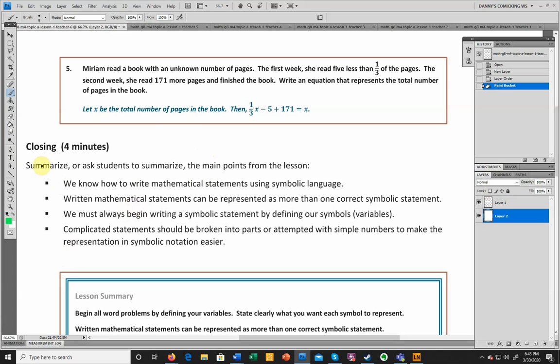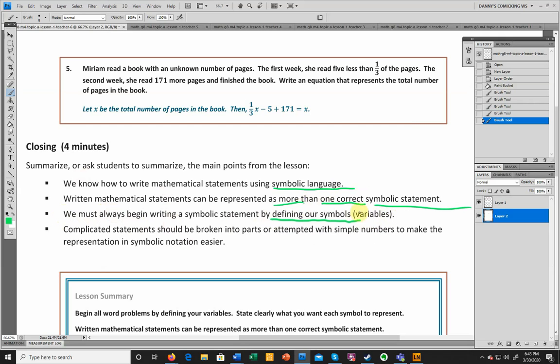Okay. So we know how to write mathematical statements using symbolic language. Written mathematical statements can be represented as one correct symbolic statement, or more than one correct symbolic statement. We must always begin writing a symbolic statement by defining our symbols or variables.